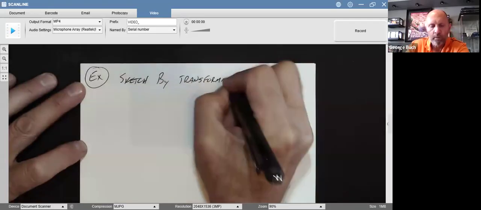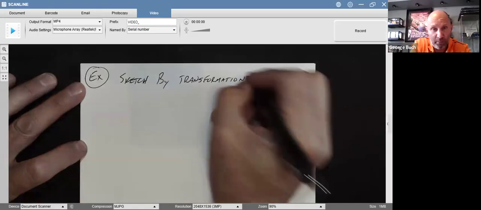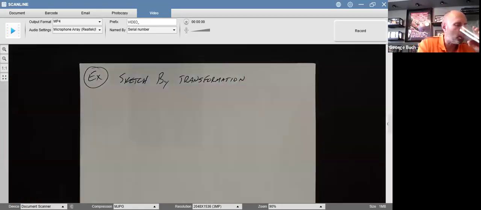So instead of building a table and plotting points to draw these, we're going to use our parent functions and then our shifting, our reflecting, and so forth.